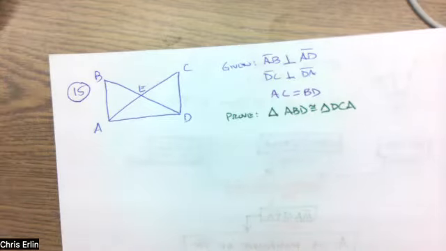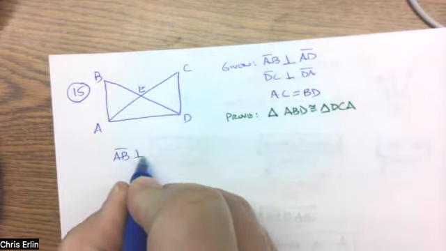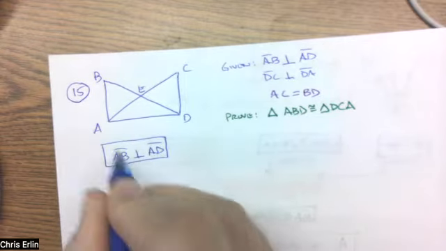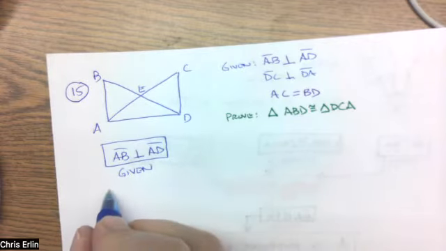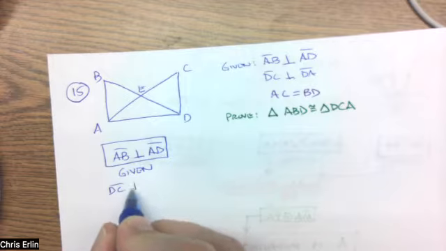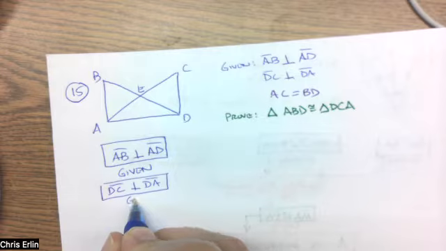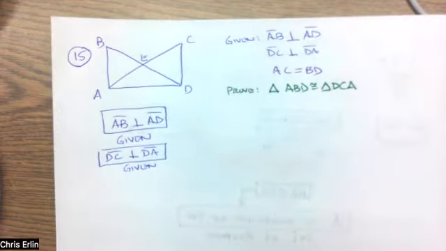Okay, how do we start? Is this going to be a case of CPCTC or is this just going to be a straightforward one?